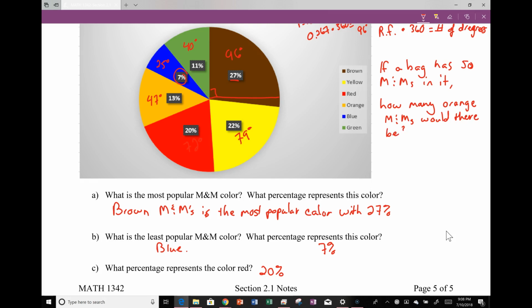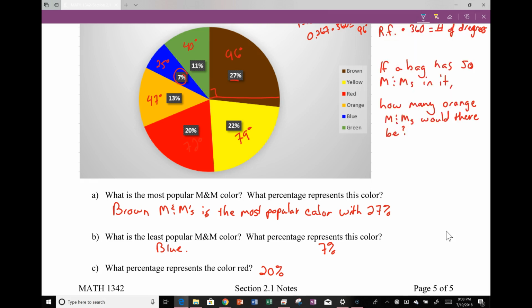There are two different ways of solving this. Some of you have worked with percent proportions, and some of you just want to multiply the number by the percentage. Either way, I want to show both ways.